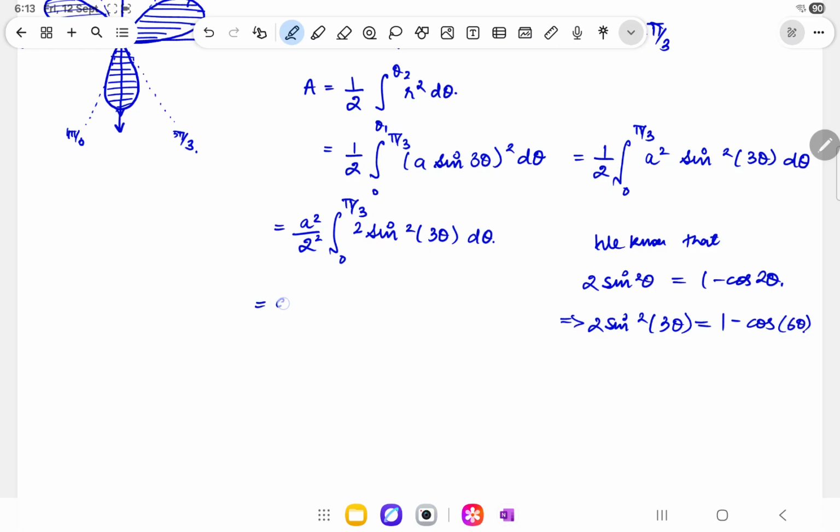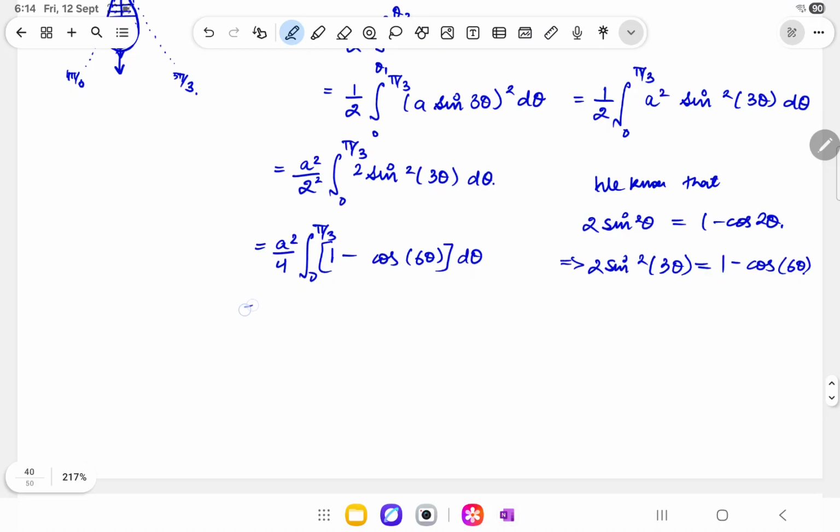So this will be a square by 4 integral from 0 to pi by 3 of 1 minus cos 6 theta d theta. Now if I solve the integration, I get a square by 4 times theta minus sine 6 theta by 6, from 0 to pi by 3.